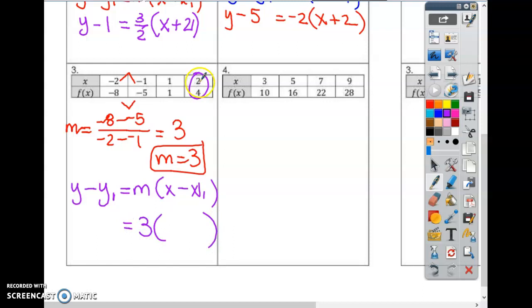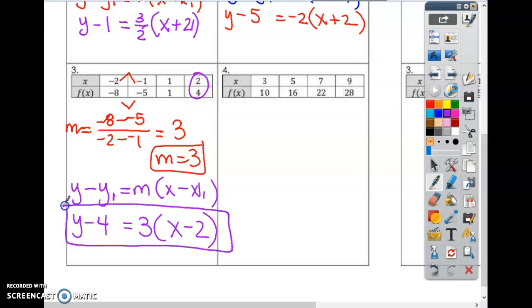My x is 2, so x minus 2. And my y is 4, so that's y minus 4. Okay? Pause the video, put the whole table in decimals, put the equation in decimals, and make sure that it goes through all of the points.